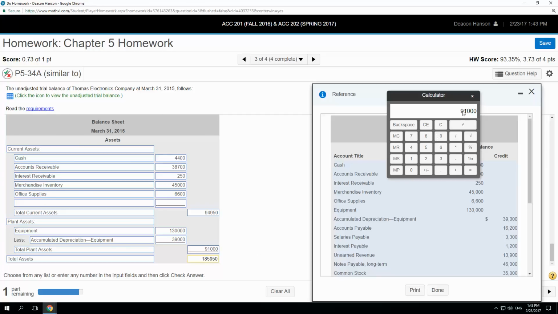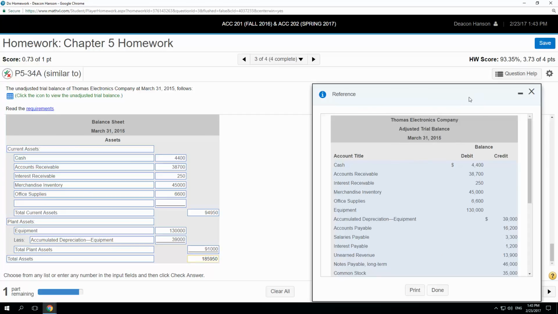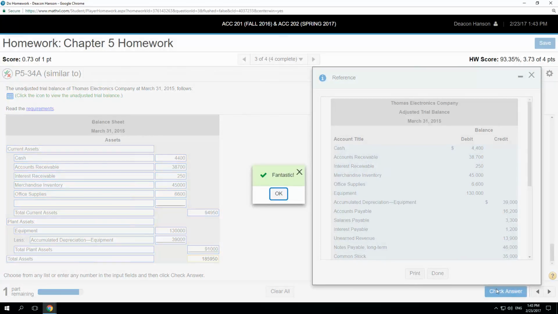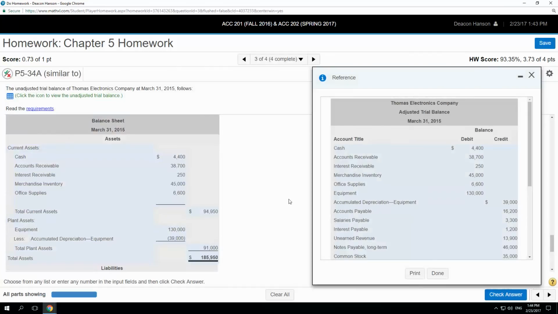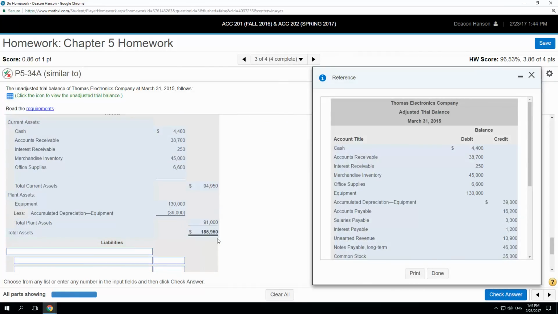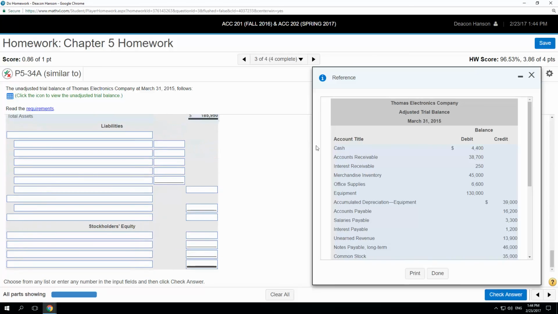Looks like it to me. We'll take a chance. This time I won't use a calculator. Got it. Okay. So sometimes good to try out your mental math, if you want to add in your head that way. Total assets 185,950.